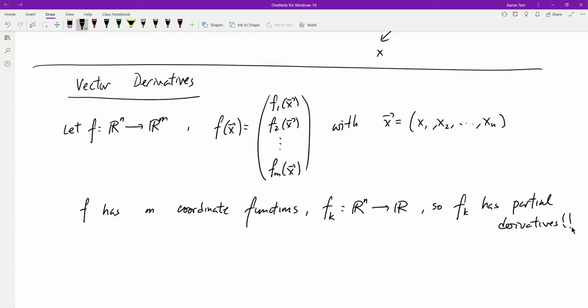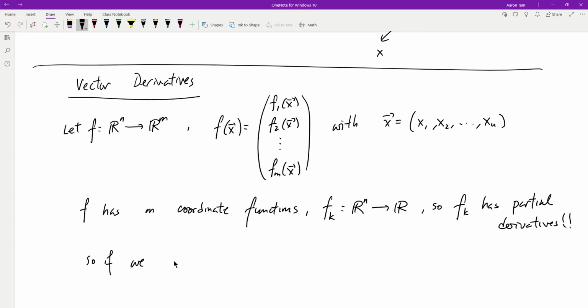And therefore, if each coordinate function has partial derivatives, then I can group all those partial derivatives together and form what we call a vector partial derivative. So how do we define this? We're going to define the following.